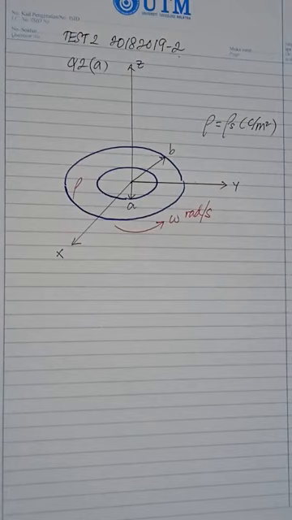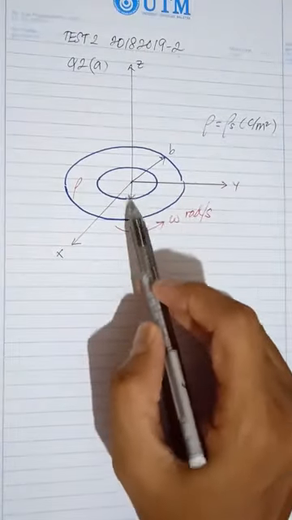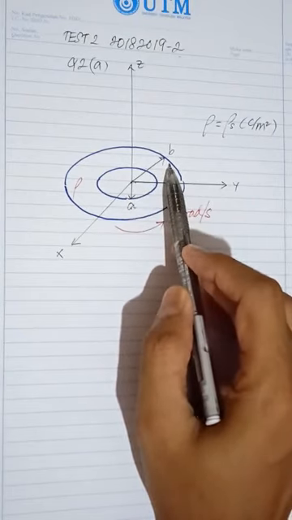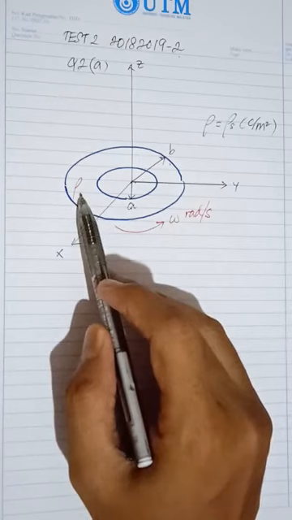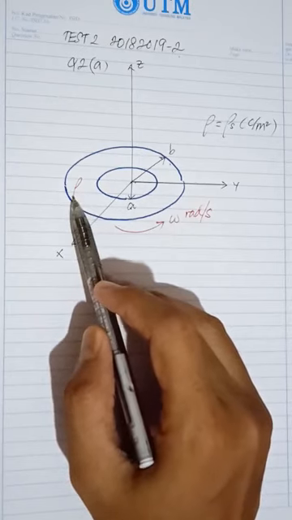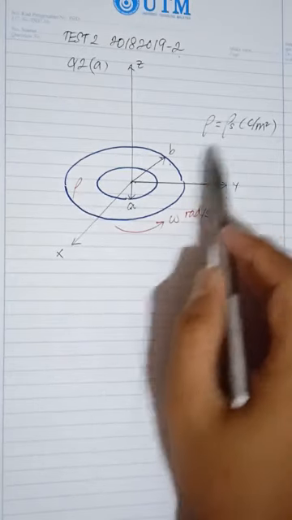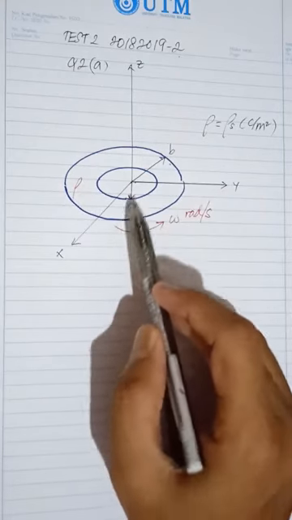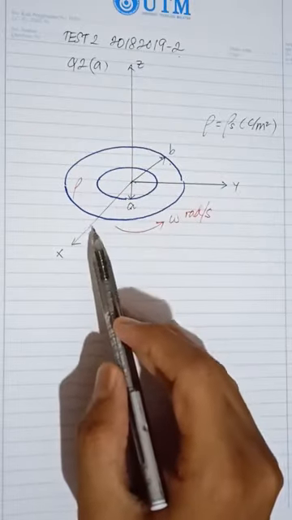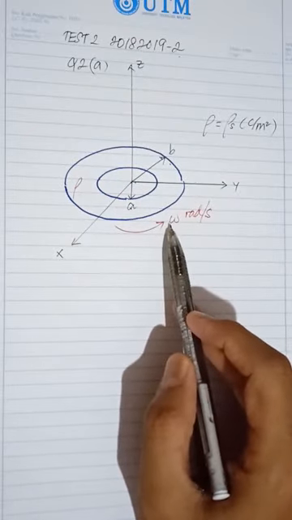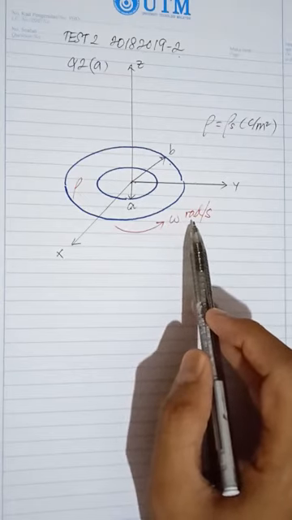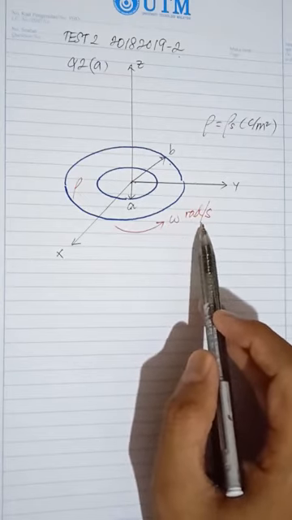For this question, we are given a circular disc with an inner radius of A and the outer radius of B with uniform surface charge density rho s, which rotates at its own axis, let's say in positive phi direction, with angular speed omega radian per second.